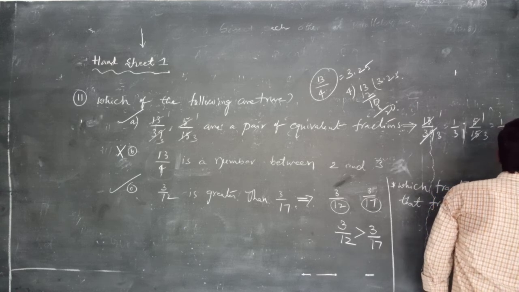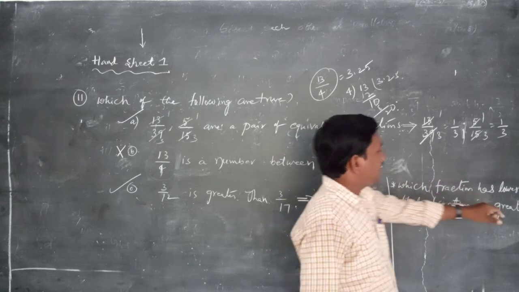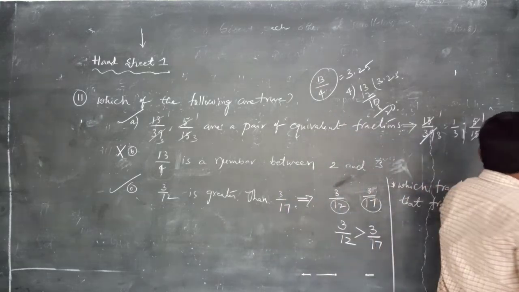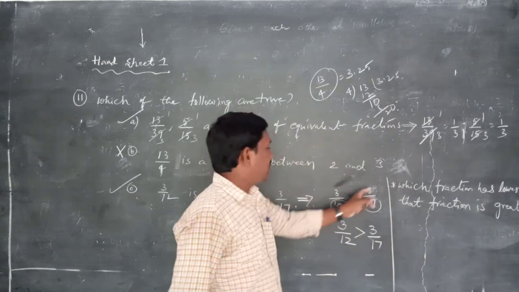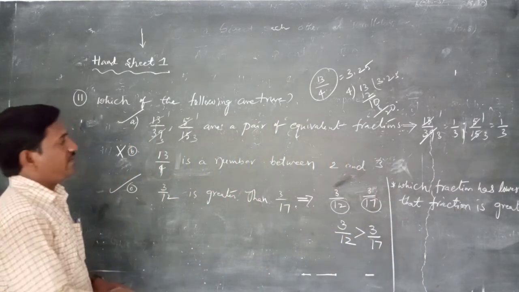This is the rule. Which fraction has the lowest denominator, that fraction is greater than the other. So 3 by 12 and 3 by 7. So 3 by 12 is greater than 3 by 7.